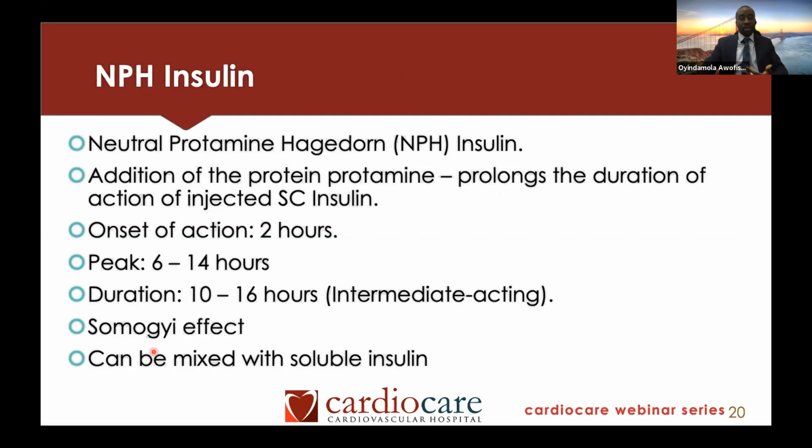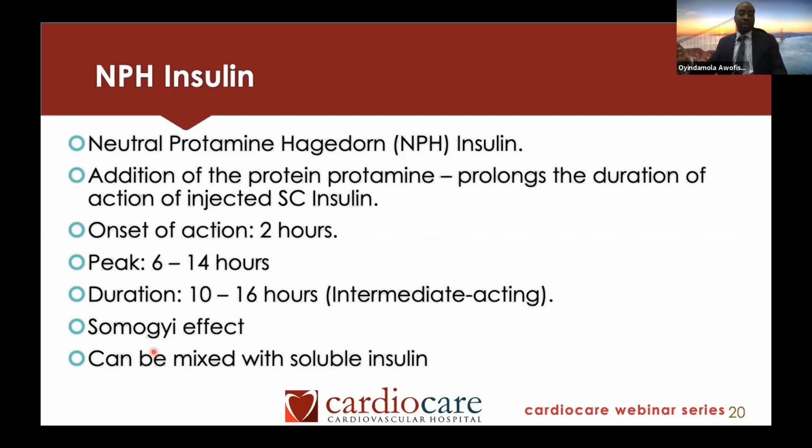The NPH insulin, neutral protamine Hagedorn, was one of the very early longer acting insulins, which is actually intermediate acting insulin. Okay, I mentioned about the protamine earlier, which makes the insulin stay longer in the subcutaneous tissue and is gradually dissipated into the system.